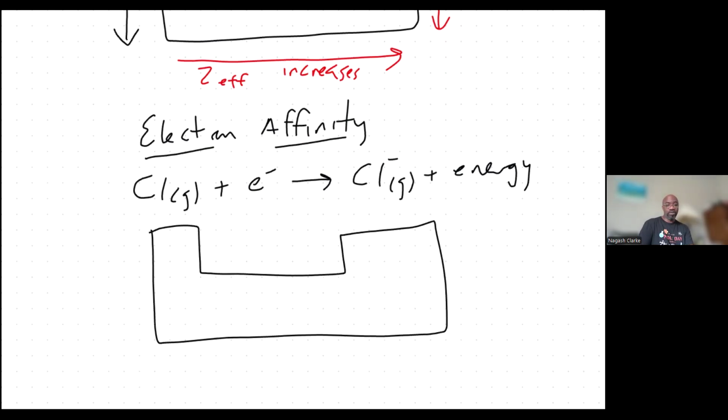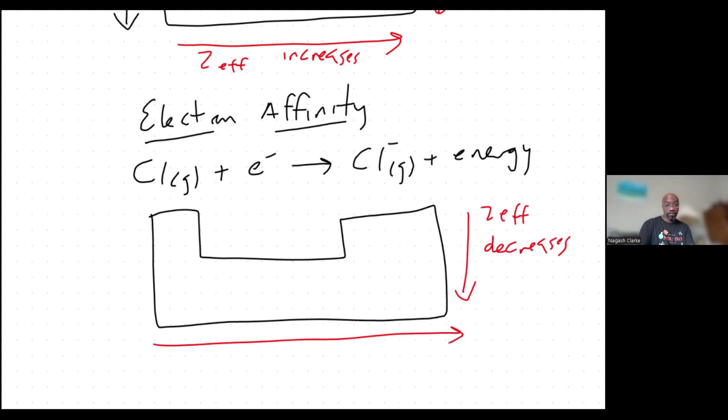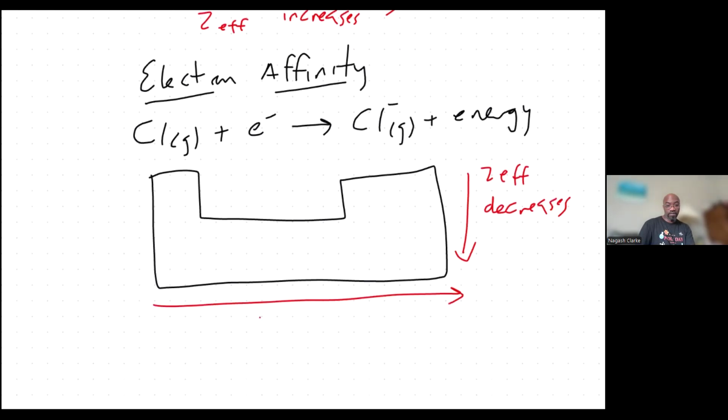So what I'm going to do, I'm going to show you how effective nuclear charge varies first. Again, ZEFF decreases as I go down, and ZEFF increases as I go across. So what do you think happens to electron affinity? Meaning, electron affinity is how strongly atoms can pull in electrons to become ions, to become anions.